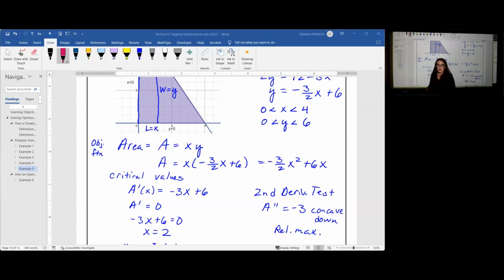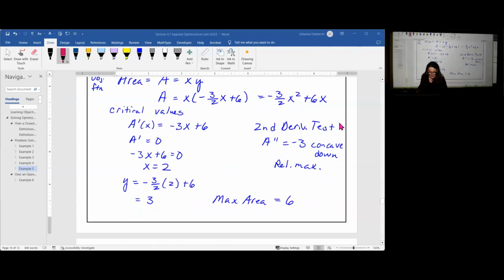I was asked to find the maximum area. So in order to find it, the next thing I did was find the y value by again using the constraint equation. This gave me a y value of 3. Multiplying the 2 by 3, I got the maximum area as 6 square units.